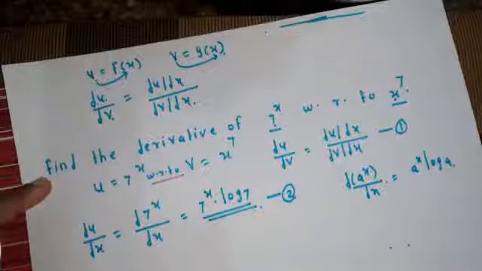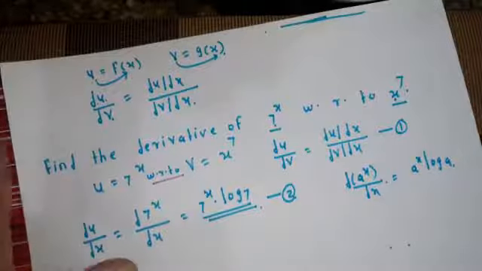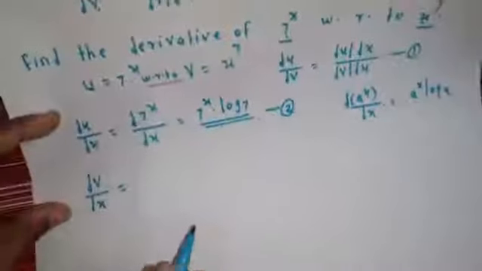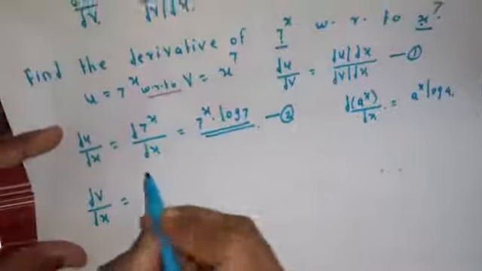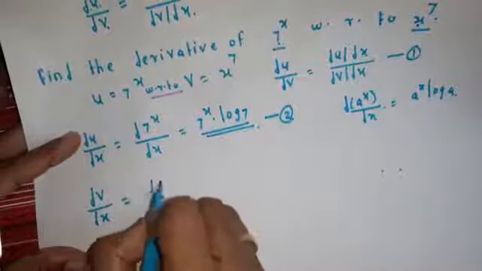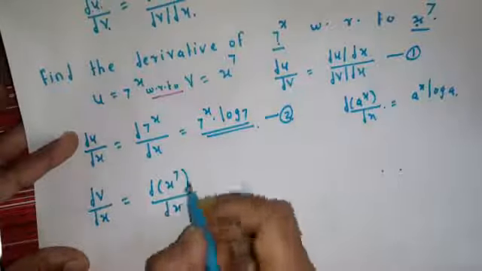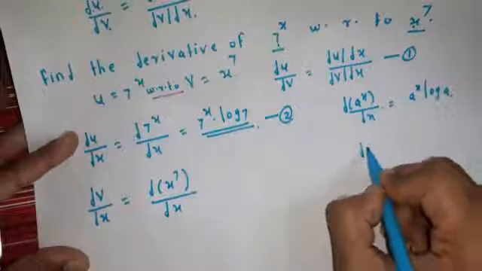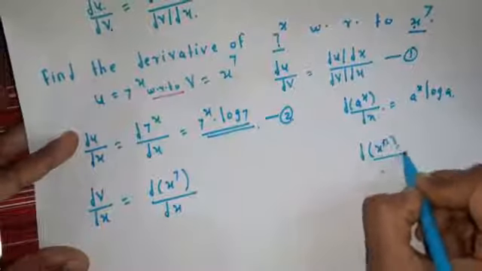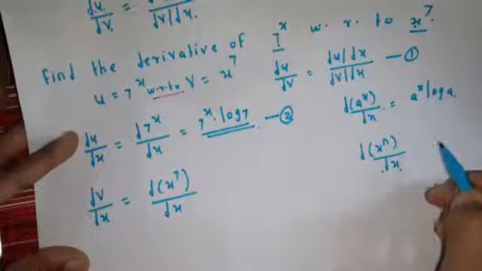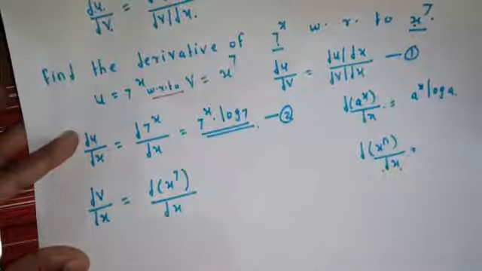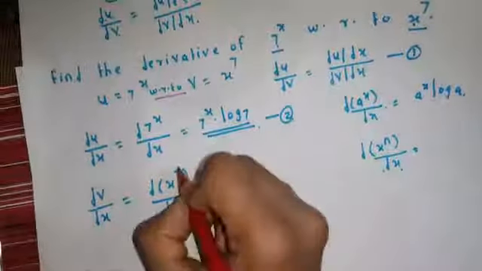Now dv by dx. What is dv by dx? dv by dx is differentiation of v with respect to x. What is the v function? The v function is x raised to 7 and with respect to x. So by using the formula differentiation of x raised to n, we have to differentiate. What is the value of n? n equal to 7 here.